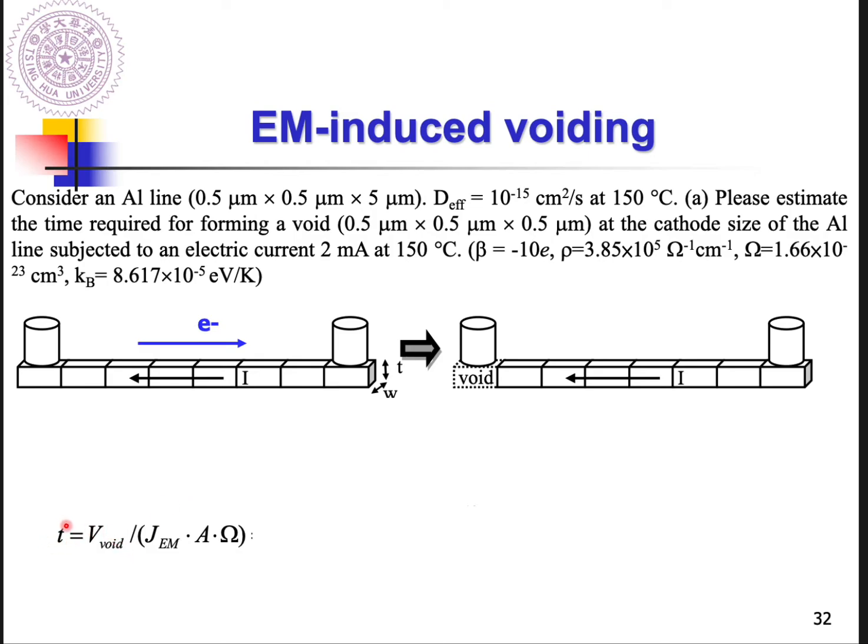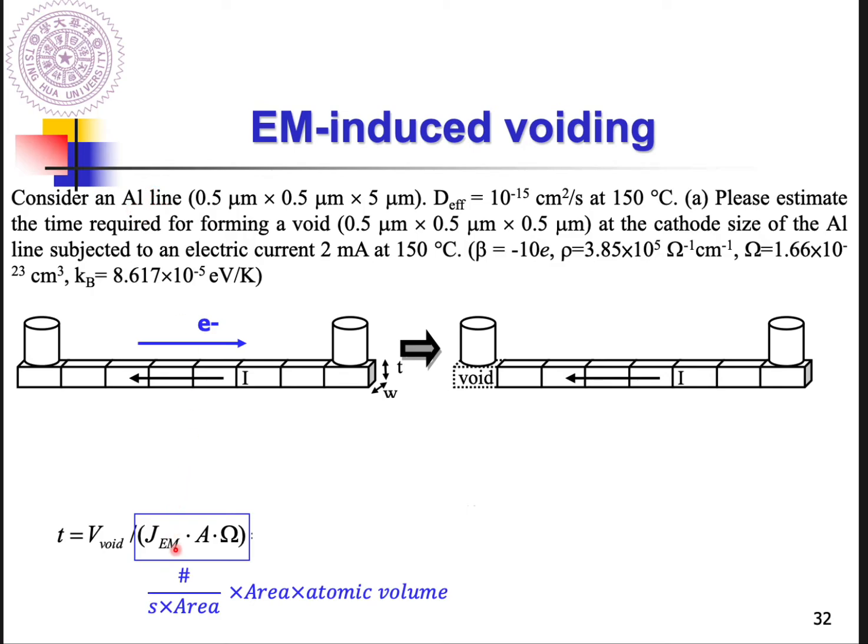So in order to get the time, we know the void size, right? The size of the void. So probably you need to know the vacancy flux, because vacancy flux is the reason to form this void. The unit for vacancy flux will be, this is a pure metal line, right?